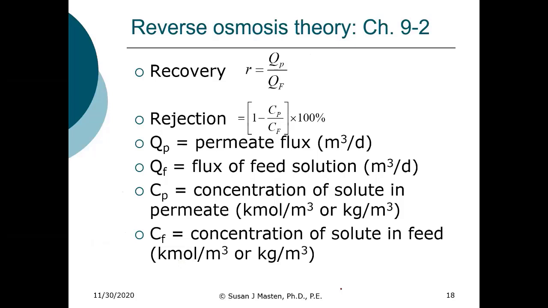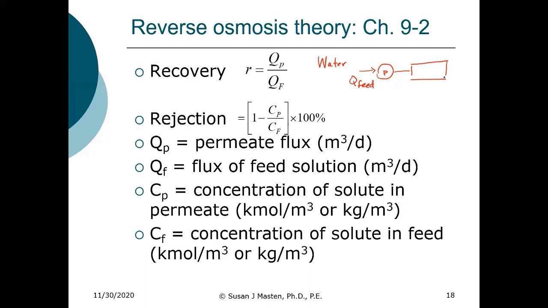When we talk about recovery, we're talking about the water. So for instance, we have a water stream and we have a pump, and then that water passes through a membrane. A certain portion of it will be our product stream, and a certain portion is the reject stream.